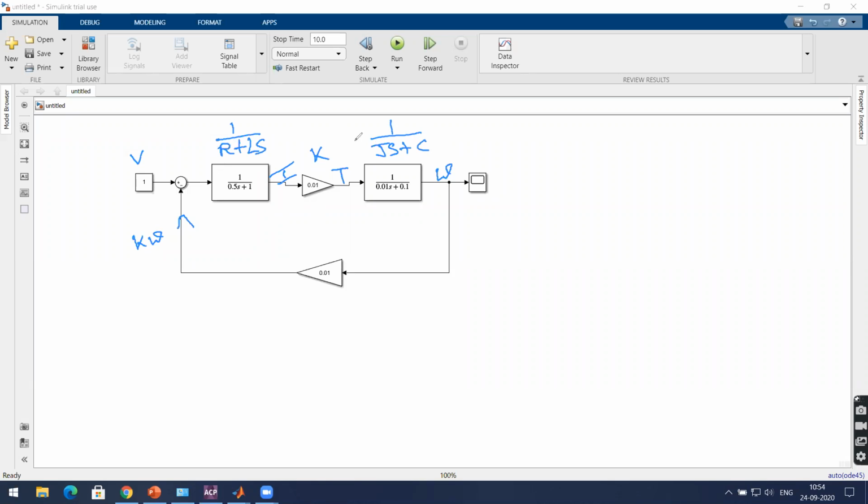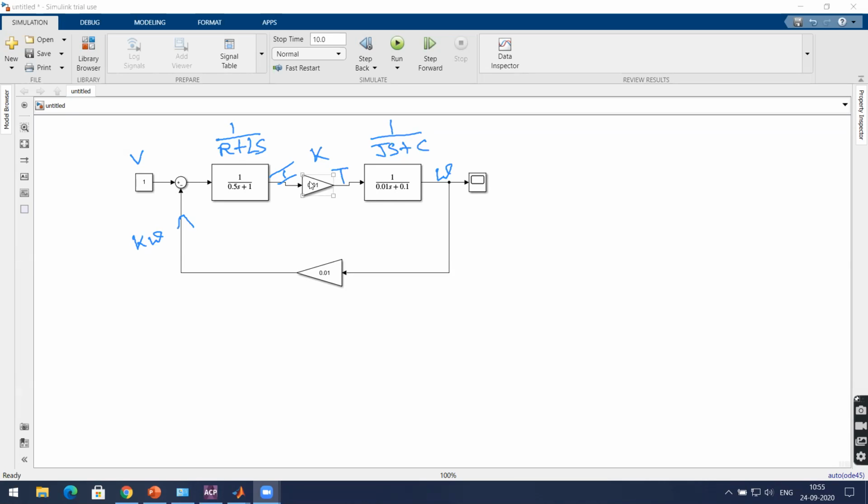So this is what makes the DC motor. This is how you can model the DC motor instead of putting everything in one transfer function. If you divide like this, this is the electrical part, this is the mechanical part.